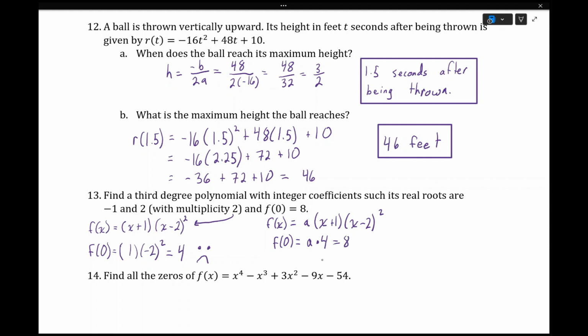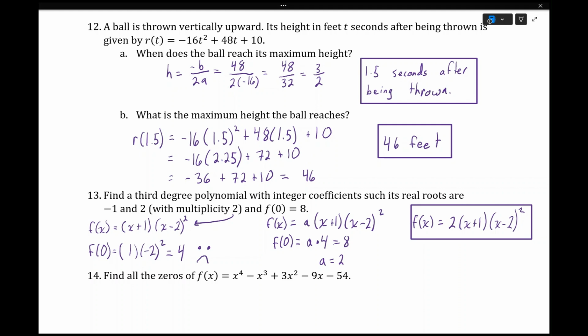So I can divide both sides by 4, and a equals 2. So my final answer is f of x equals 2 times x plus 1 times x minus 2 squared. And that's the answer to that one.